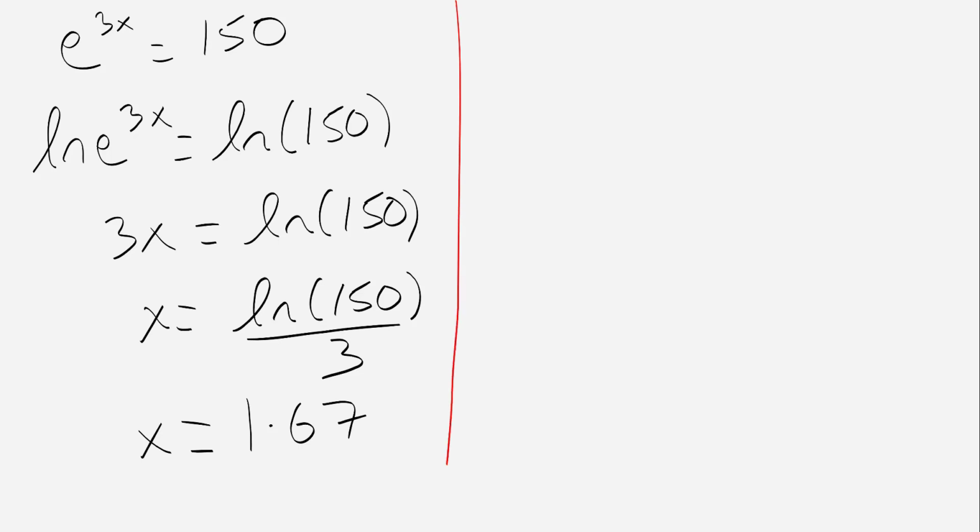Okay, let's have a look at one more example. Let's say I have 4e to the power of 2x is equal to 32. Once again, we know in order to solve for the power, we're going to take the natural log of both sides. But we have to deal with this 4 first of all.